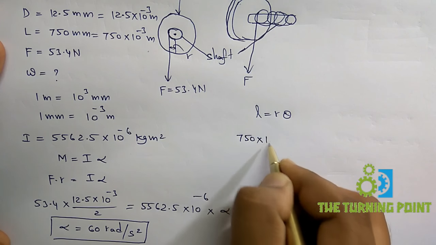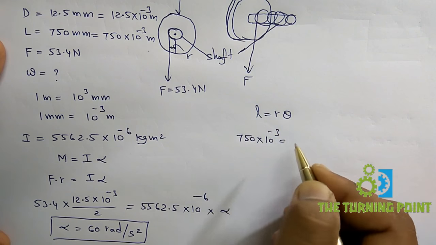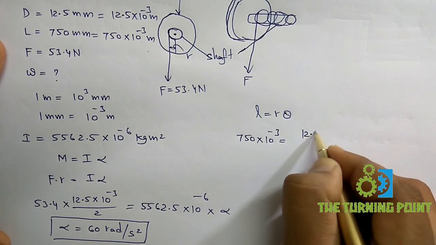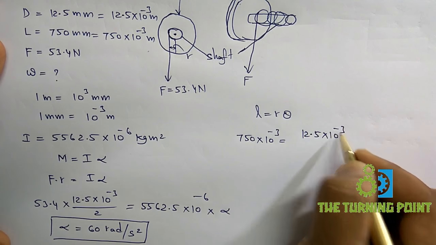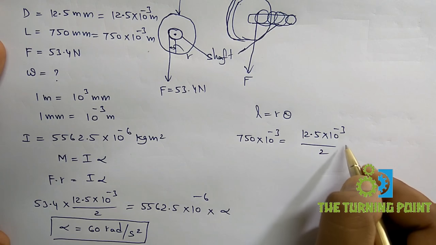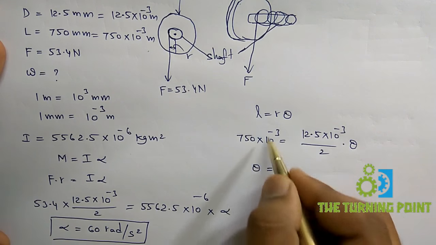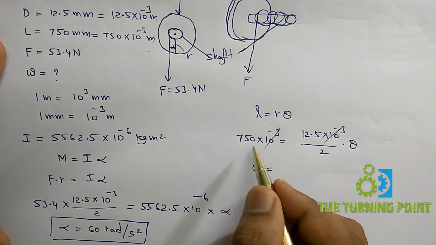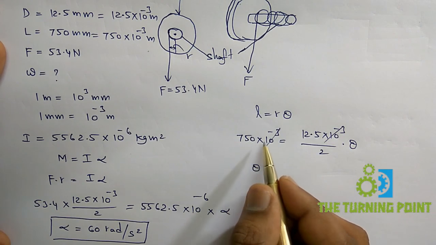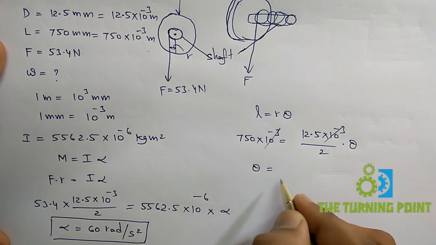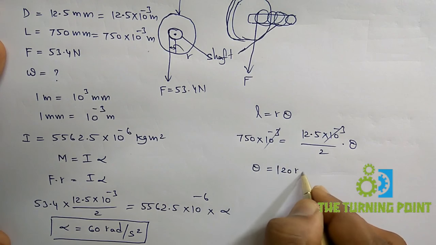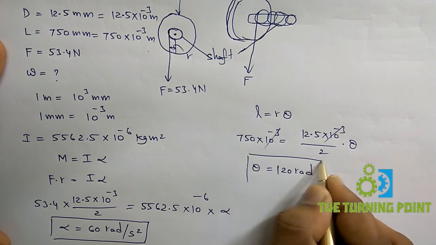In terms of meters, 750 into 10 power minus 3, and radius is 12.5 into 10 power minus 3 divided by 2, into theta. From that I can find the value of theta. So 10 power minus 3 and 10 power minus 3 get cancelled. So 750 into 2 divided by 12.5. When I solve that, I will get 120 radians.